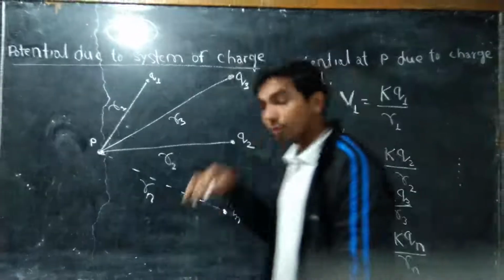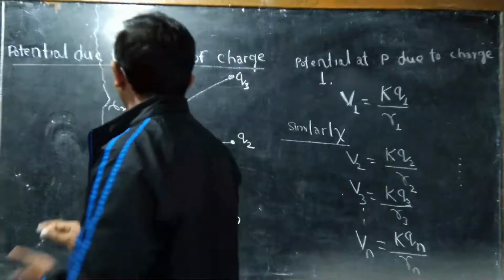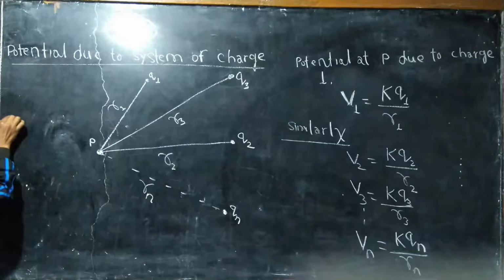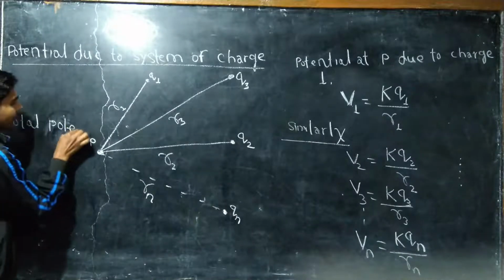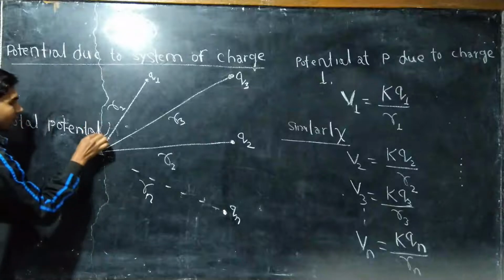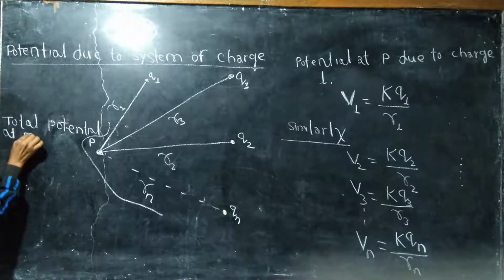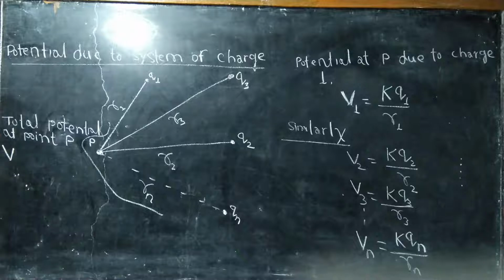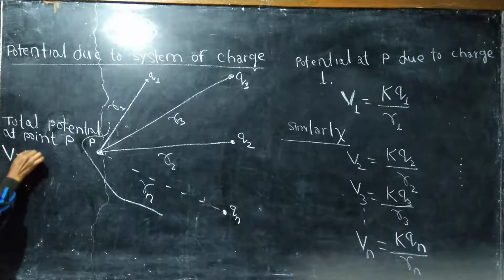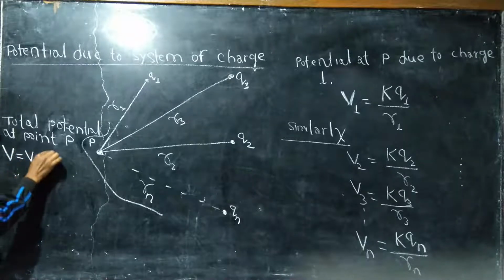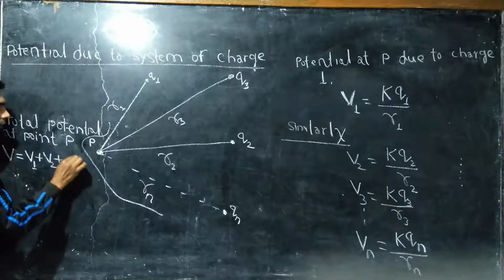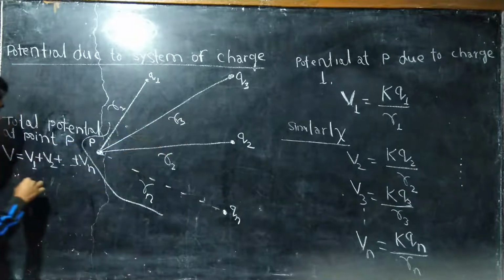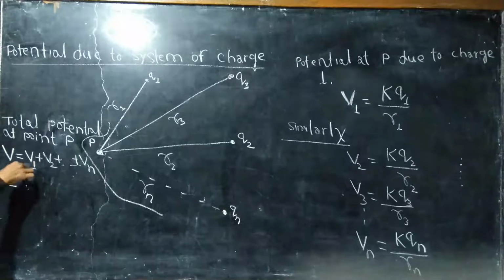So now I am going to write the total potential at point P. The total potential at point P is V, and V is equal to V1 plus V2 plus dot dot dot plus Vn. All values are known to you, we just have to substitute them.